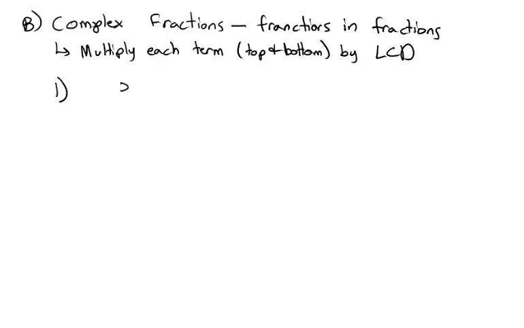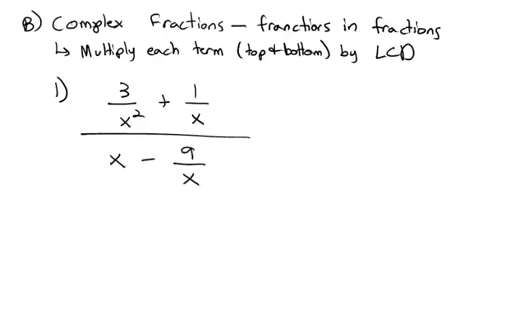Here's what I mean by that. If we have 3 over x squared plus 1 over x all over x minus 9 over x. As I look at my little fractions, there's an x squared, an x, and an x, and don't forget technically this last one is over 1, so it also has a denominator. The common denominator there, if we take the highest exponent, is x squared. And so what I'm going to do is I'm going to multiply each term, top and bottom, by the x squared.